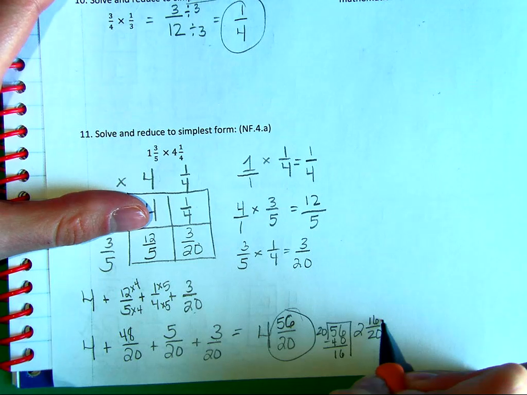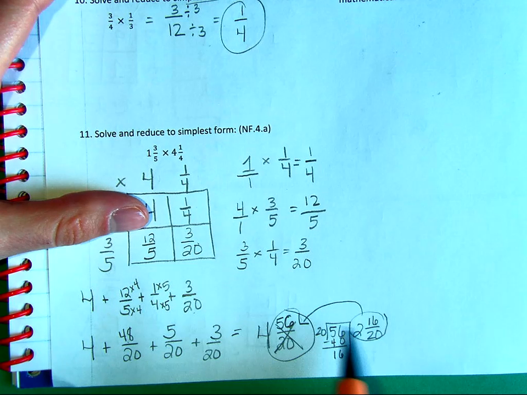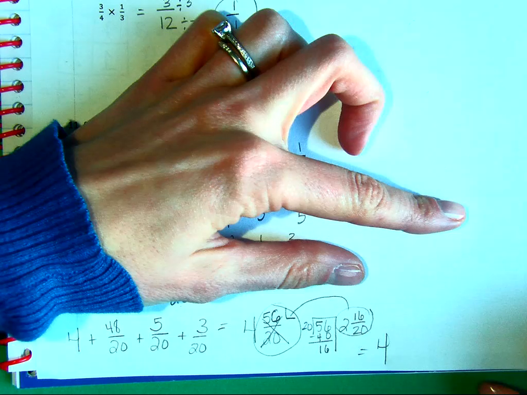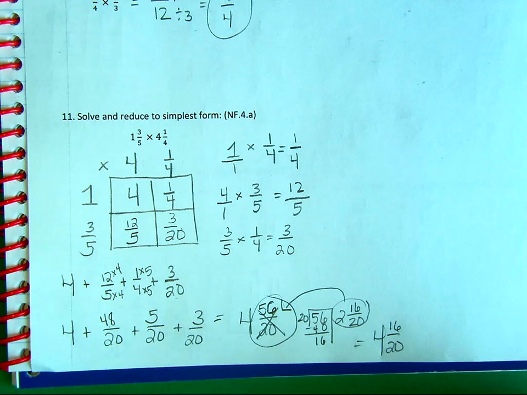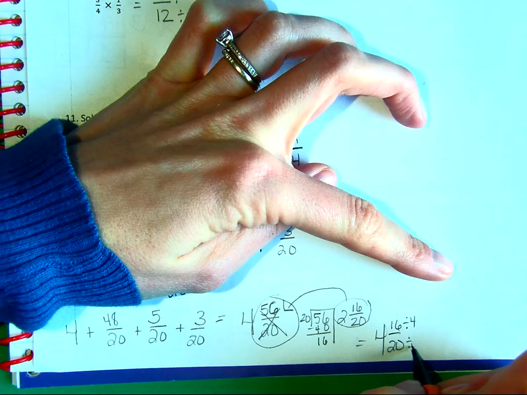So I have 4 whole added to 2 whole and 16/20. But this tells me I need to reduce it to simplest form. I know that 4 will go into both of these. So my final answer is 4 whole and 4/5.